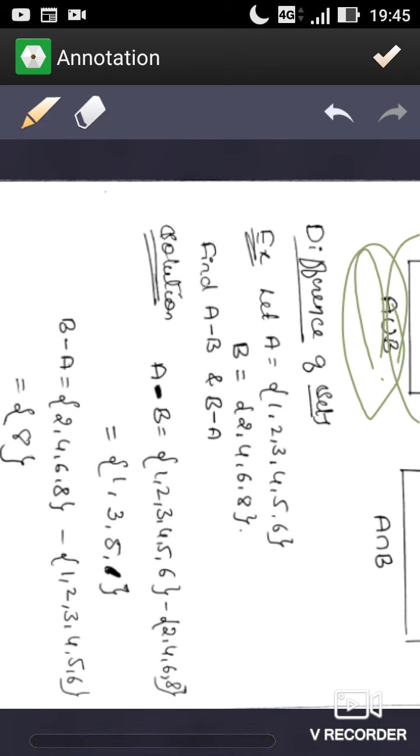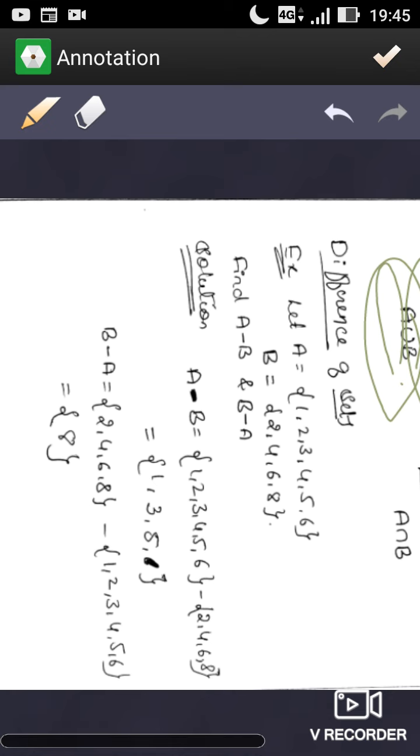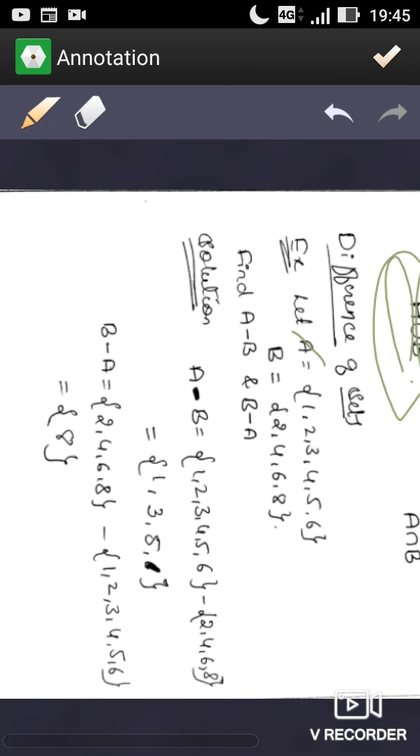Next, difference of sets. A has 6 elements, 1 2 3 4 5 6, and B has 4 elements, 2 4 6 8. How to find A minus B and B minus A? Here A is 1 2 3 4 5 6 and B is 2 4 6 8.